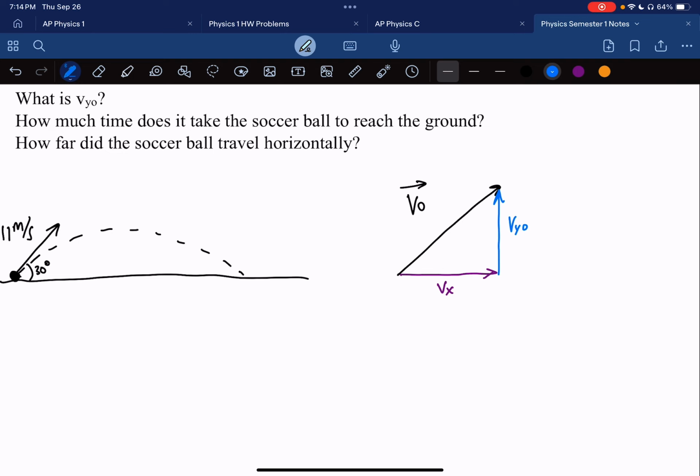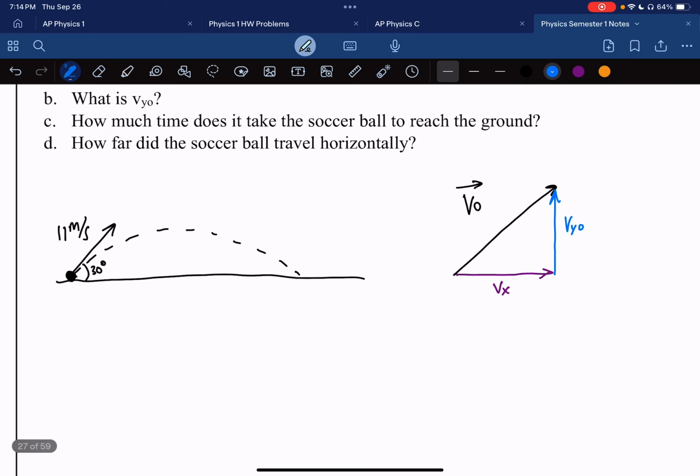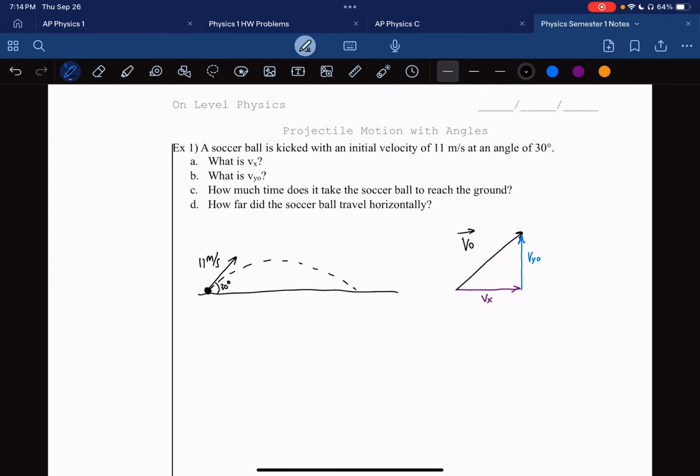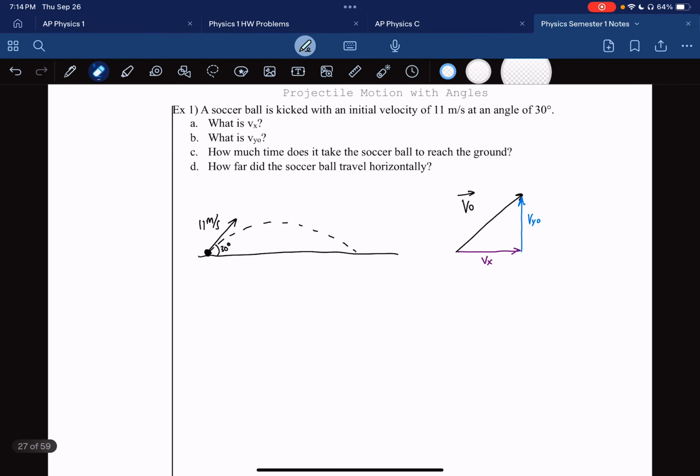That's the initial vertical velocity and the horizontal velocity of the soccer ball. So the equations for part A, what is Vx? Vx is equal to V naught cosine theta.